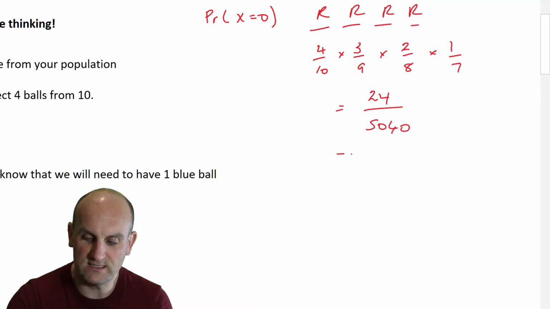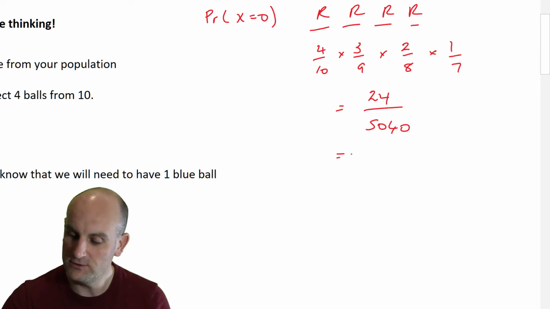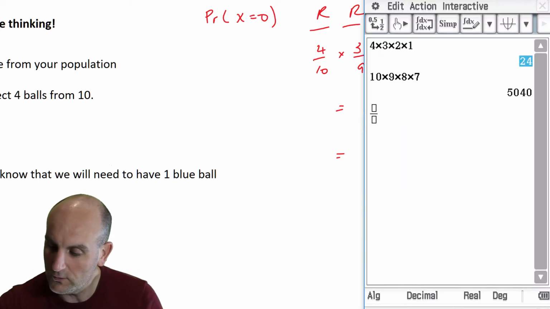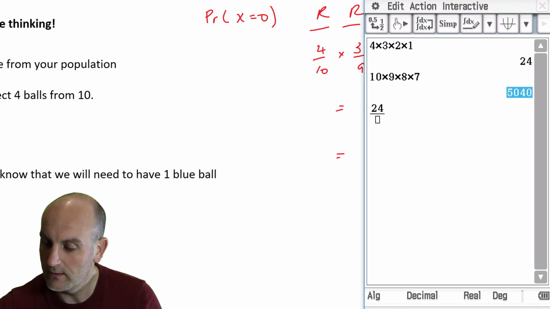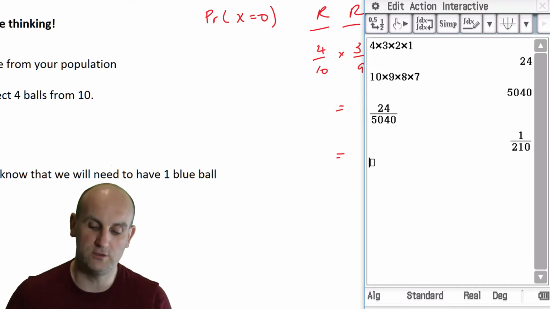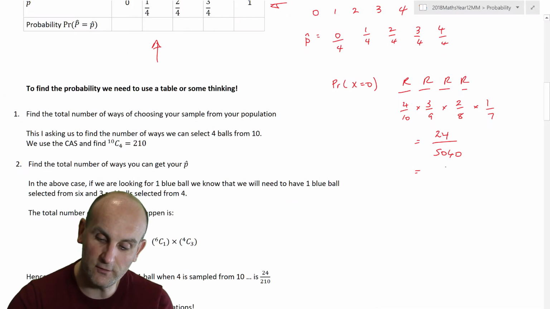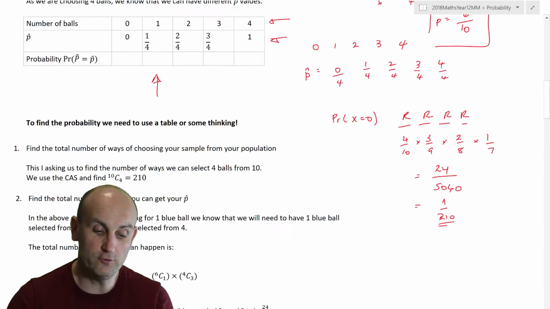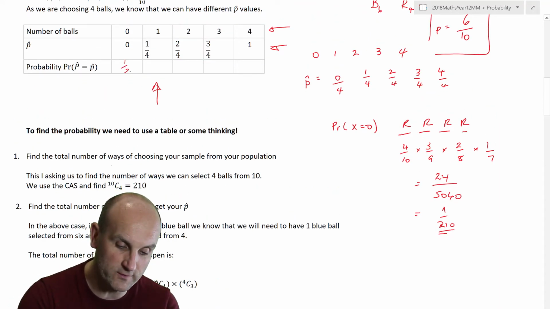When I simplify that on my calculator, I get 1 over 210. So I now know that that value is 1 over 210, and I could write that in my table as 1 over 210.